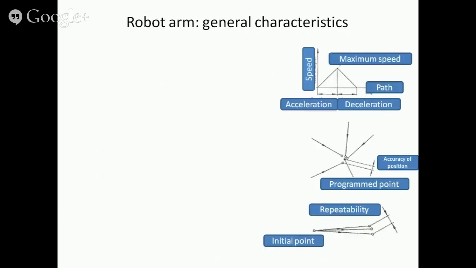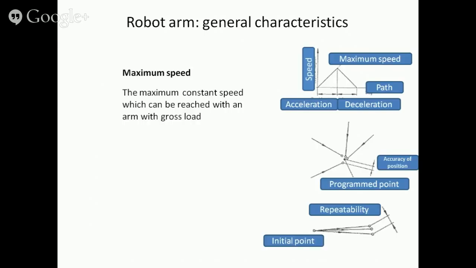The maximum speed is the maximum constant speed which can be reached with an arm with gross load. The accuracy of position is the accuracy of reaching a programmed point. It's the diagram in the middle.